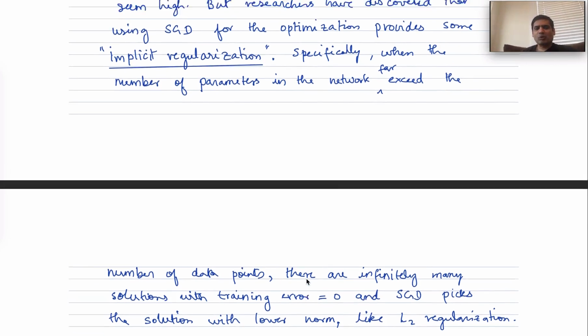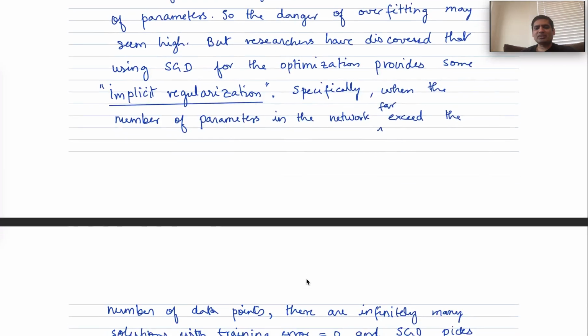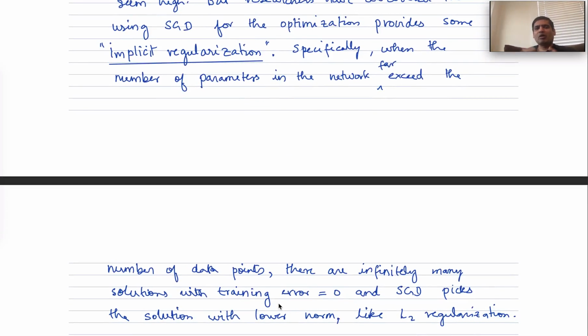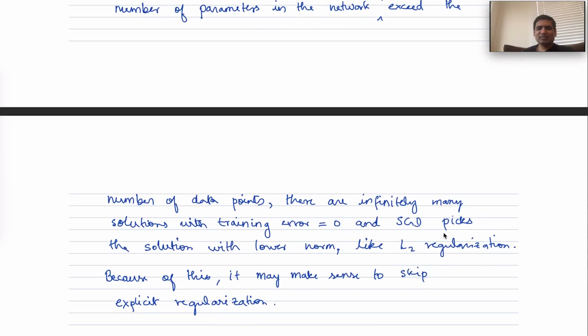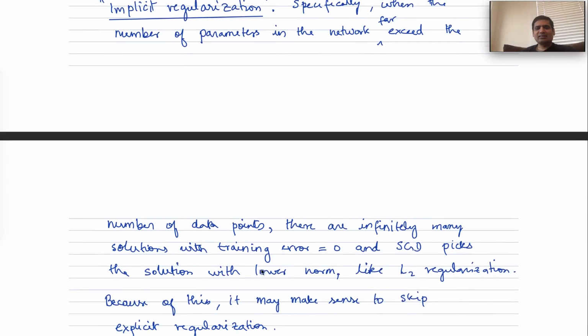And what people have found over the last few years is that among all solutions where training error is equal to zero, stochastic gradient descent actually picks the solution with the least norm, or sort of the smoothest function, based on some metric, kind of like doing L2 regularization. This kind of property of stochastic gradient descent is called implicit regularization.